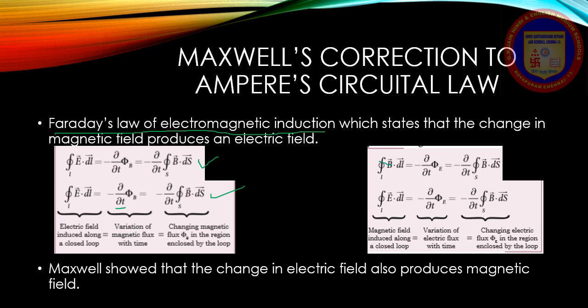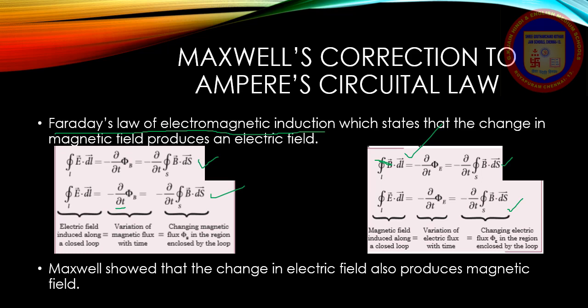Now Maxwell gave another equation, which is given in the PowerPoint presentation on the right hand side: the closed integral over L of B dot dl is equal to minus dou phi E by dou t, which is equal to minus dou by dou t of the integral over surface S of E dot dS, where phi E is the electric flux.